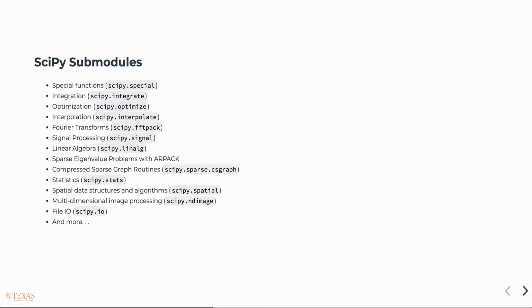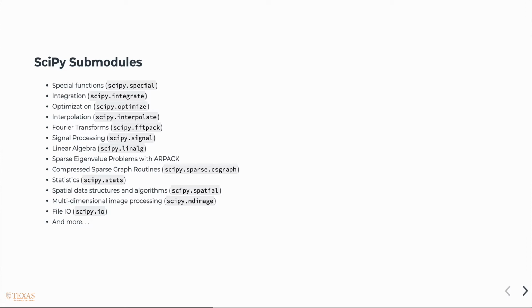Integration, these are your numerical quadrature routines, both for integrating formulaic integrands, so the actual equations, as well as integrating data with, like, a trapezoid or Simpson's rule. Optimization, these are your minimization routines, of course. Interpolation, so this is splines and other things to interpolate scattered data. Fourier transforms, fast Fourier transforms and other things in FFTPACK.